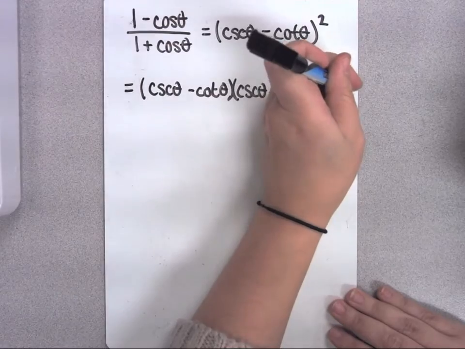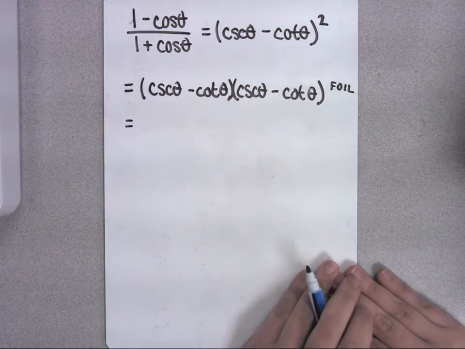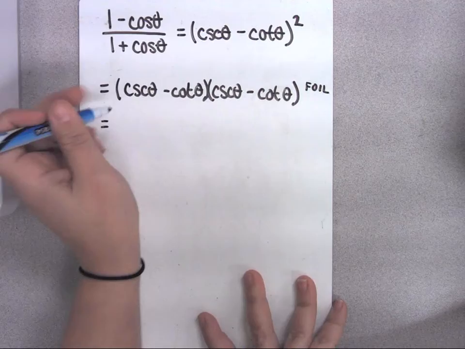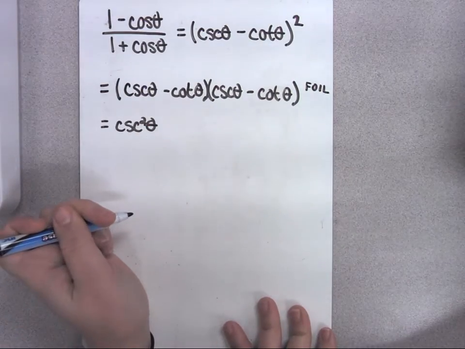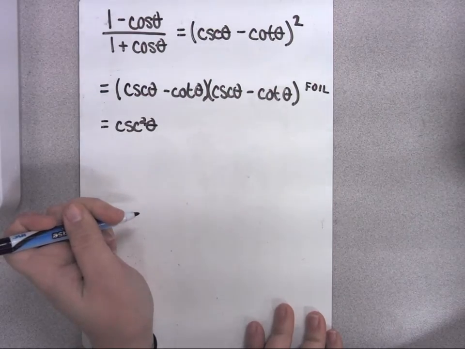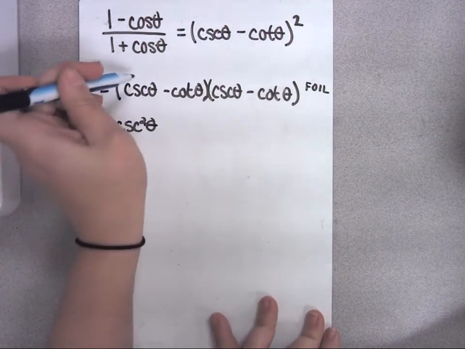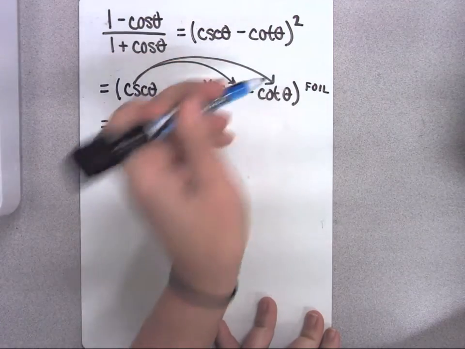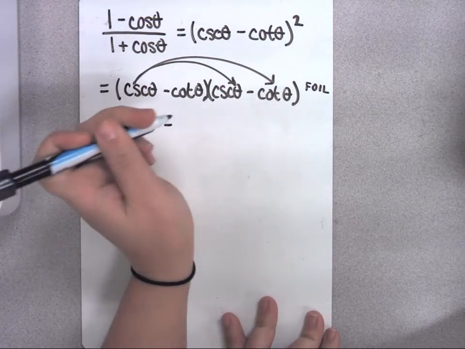Foil. So actually foil it, it is going to get a little insane. It's okay. So F, you're going to get cosecant squared of theta. O, F times O. You just put negative.